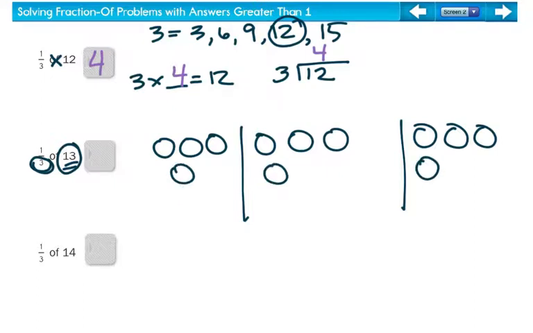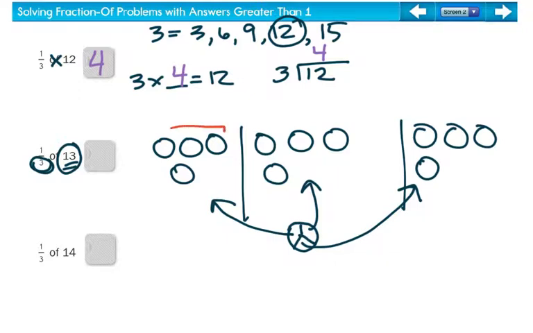And now I don't have another one to put into each of the groups. So then what I have to do is break it into thirds. 1/3 goes there, 1/3 goes there, 1/3 goes there. So I get 4 and 1/3 in each group.